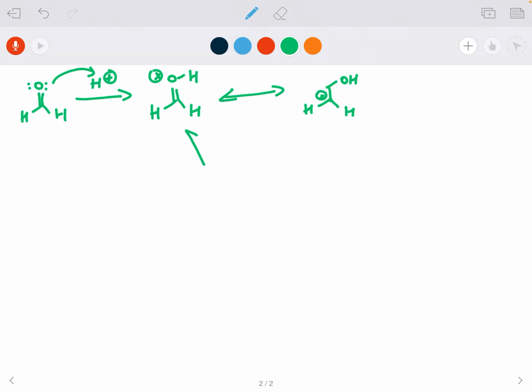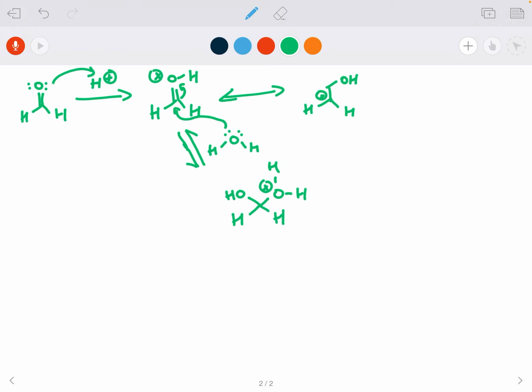So now this will react again in equilibrium. Oops, I drew the arrows in the same direction. So this will react in equilibrium with water. The nucleophile comes in at the carbonyl carbon. So now I've installed both of the oxygens.